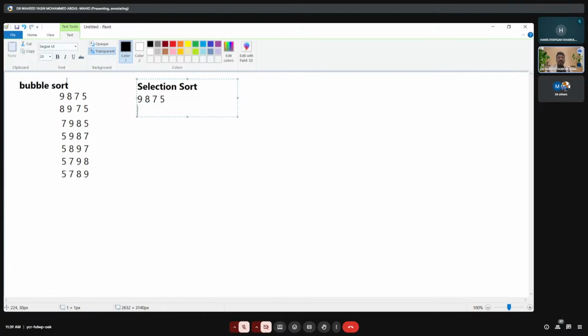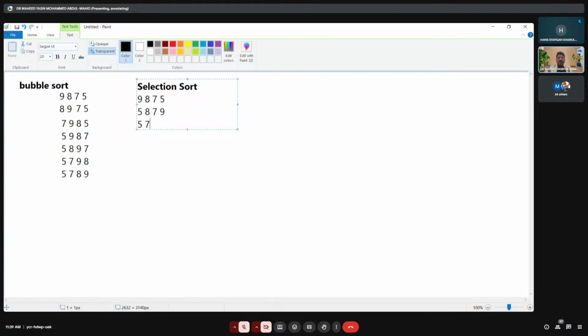We find the smallest value, the minimum value. It is 5. So we replace 9 with 5: 5, 8, 7, 9. Now, what is the minimum value among the rest? What is the lowest value? 7.